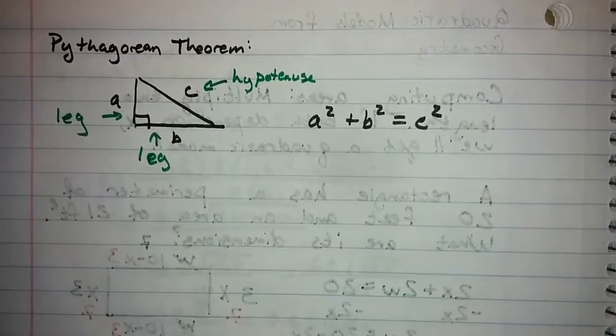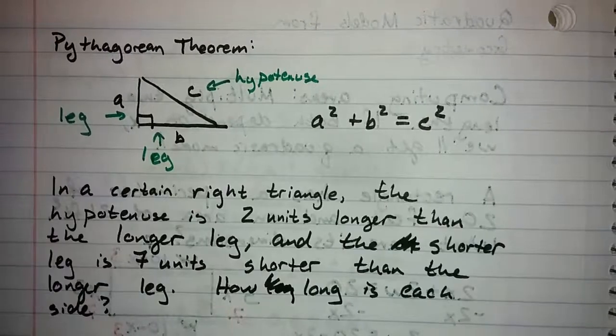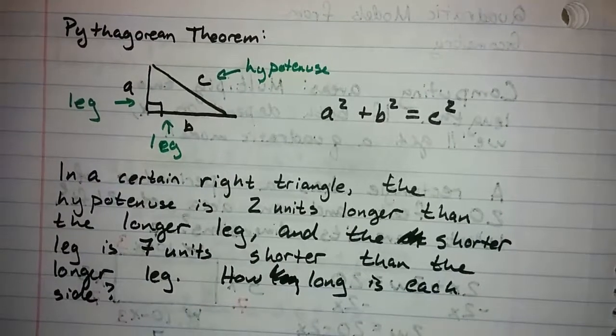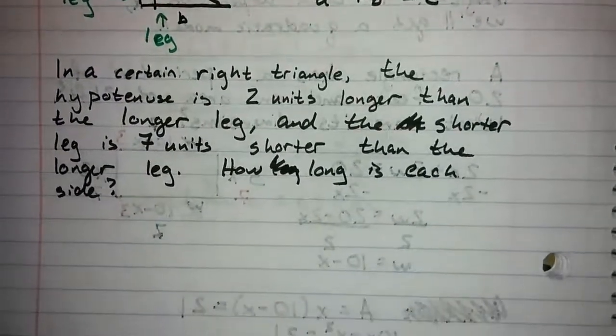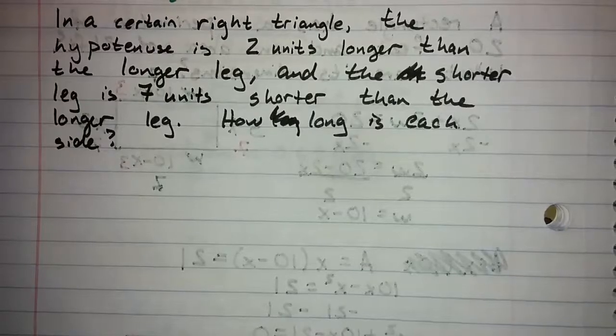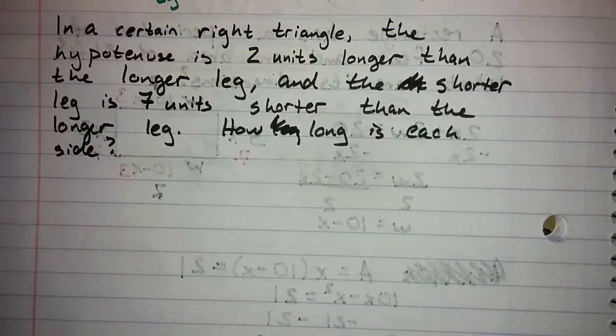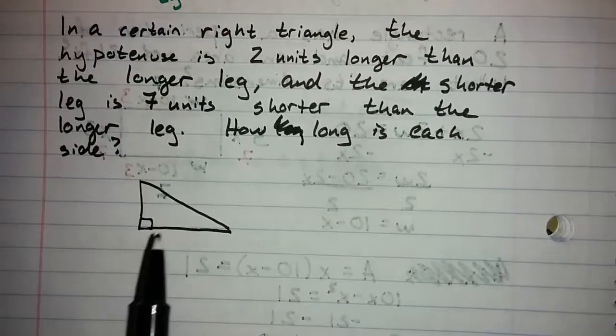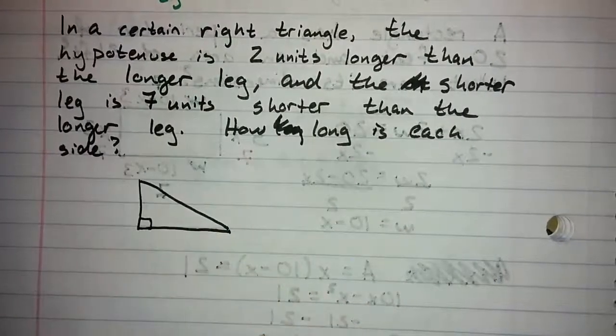How might this give us a quadratic model? Well, suppose that in a certain right triangle, the hypotenuse is 2 units longer than the longer leg, and the shorter leg is 7 units shorter than the longer leg. I'd like to find how long each side is. So I notice that everything is described related to the longer leg.